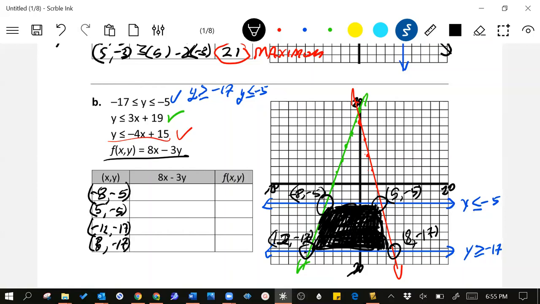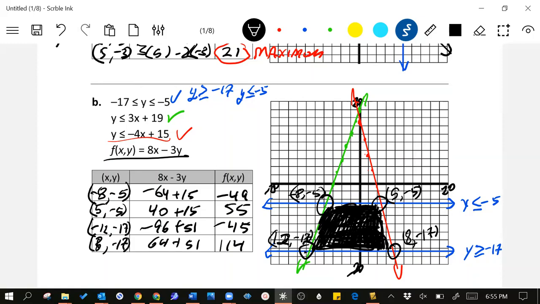So if we do -8 times 8, we get -64. And then -3 times -5 is +15. This one's going to be 40 plus 15. This one's -96 plus 51. 64 plus 51, so 114, -45, 55, and -49.